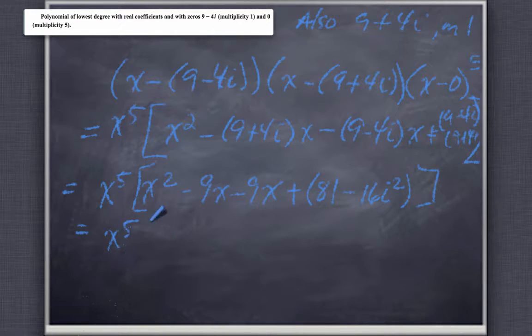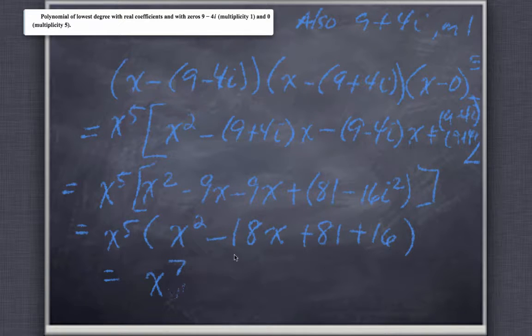So x to the 5th times x squared minus 18x plus 81. i squared is negative 1, so that becomes plus 16. So x to the 7th minus 18x times x to the 5th plus 81 plus 16 is plus 97, x to the 5th.